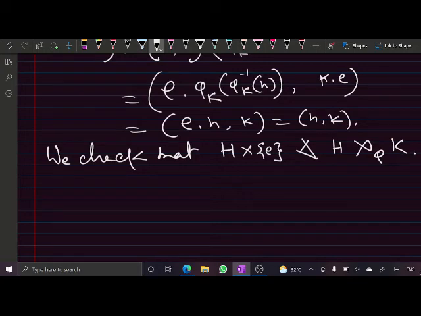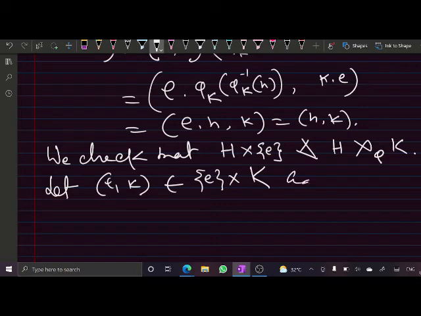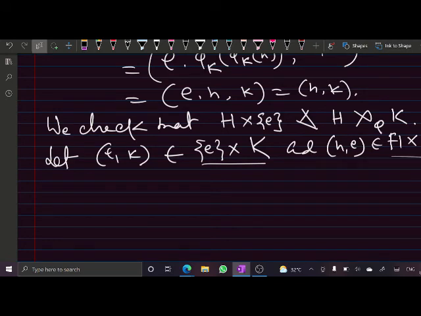For this reason, it is sufficient to consider all elements taken from the copy of K. That means the copy of K in the semi-direct product conjugates the copy of H. Let (e, k) belong to the copy of K, and take any (h, e) in the copy of H. We are going to show that the copy of K conjugates the group back to itself.